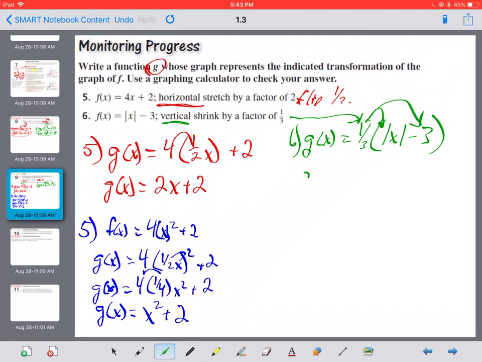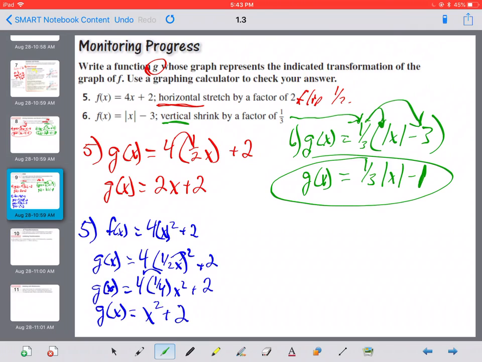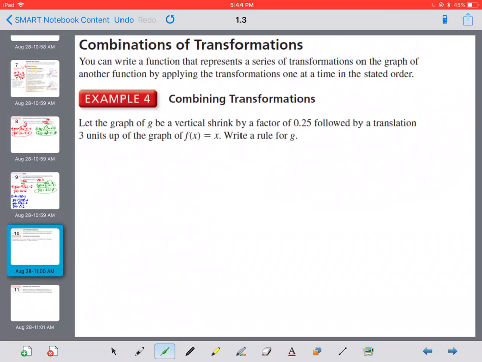There we go. Now we distribute times the 1 in front and times the negative 3 in back. So g of x equals 1/3 the absolute value of x minus 1 now, because 1/3 times negative 3 is negative 1. There's the right answer. Goodness gracious me.